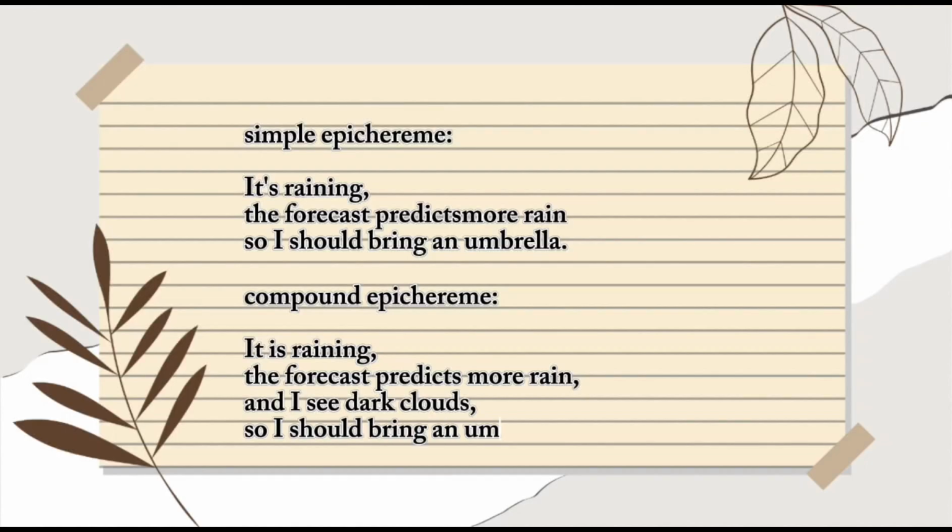And the compound epigram is, it is raining, the forecast predicts more rain, and I see dark clouds, so I shall bring an umbrella. So there are multiple reasons supporting the conclusion. Because epigram is the speaker presents a statement, supports it with a reason, and then provides a conclusion based on that reason.